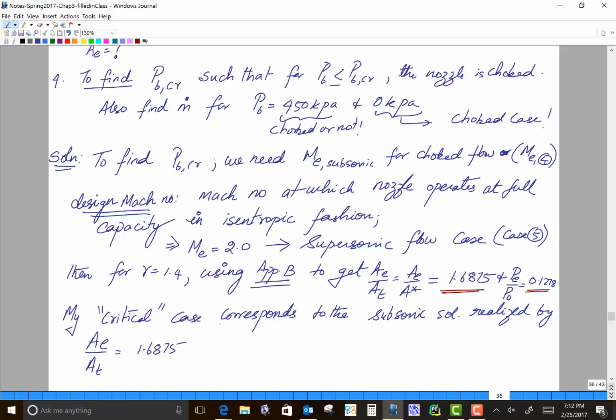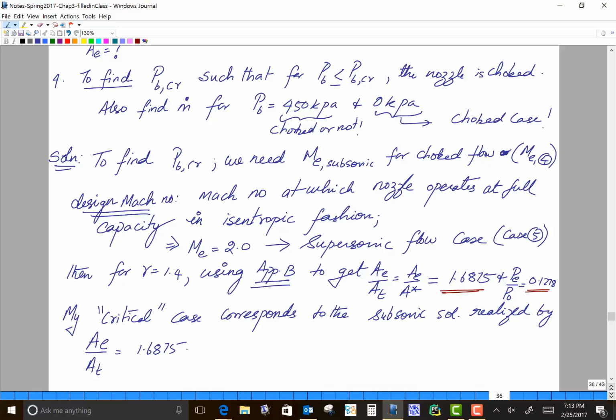What I'm saying is, the critical case is the case when the flow is choked at the highest value of the back pressure, and that happens to be the subsonic choked flow case for this isentropic flow. The way to obtain that is, the flow is choked, so my AE by A star doesn't change.